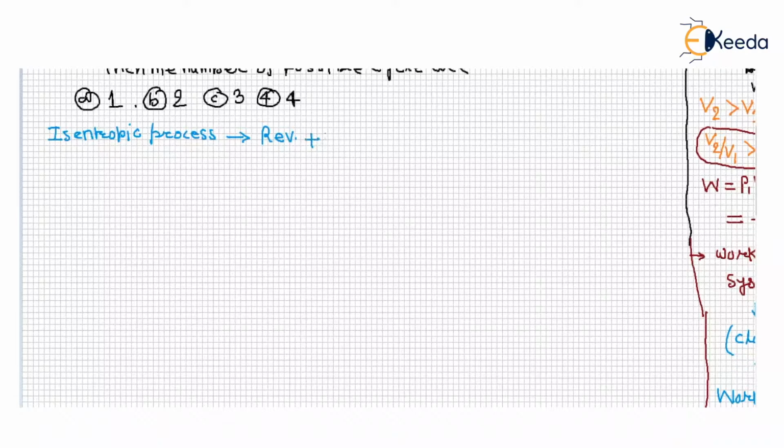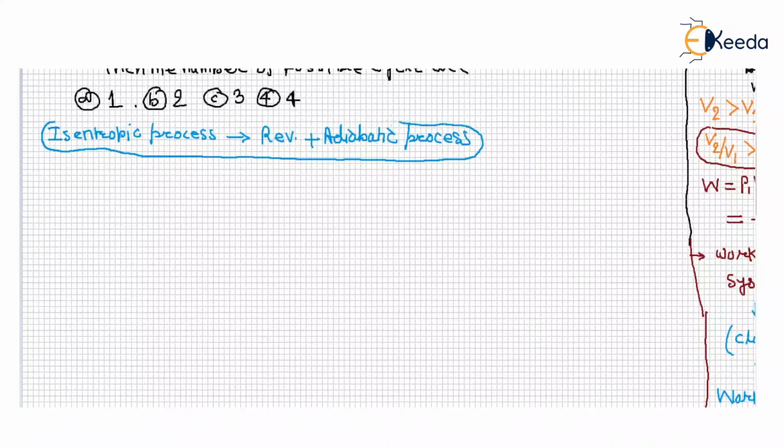Reversible plus adiabatic process, right? Reversible adiabatic process. That means one process is a reversible isothermal process, one process is a reversible adiabatic process, and one process is one in which the maximum and minimum pressure and clearance volume are fixed, right? So for that we construct a possible cycle.